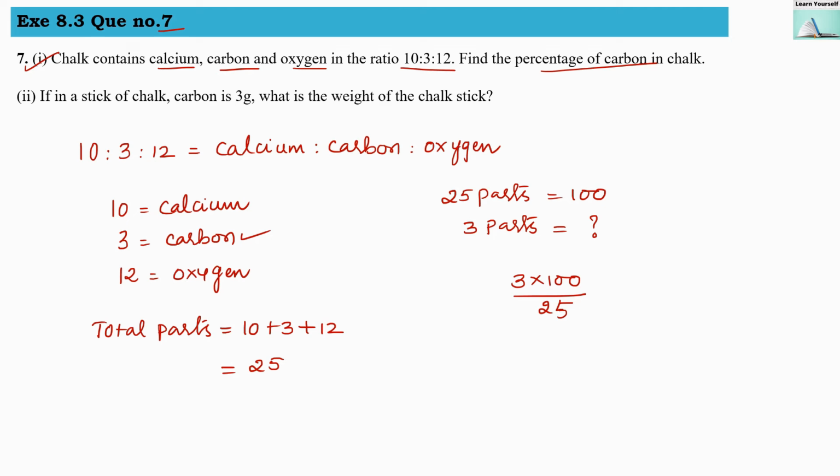So 25 4s are 100, and we get 3 into 4, 12%. So in a chalk stick, 12% carbon will be there. Similarly, we can find the percentage for calcium and oxygen, where we have written 3 parts. There we can write their respective parts and find the percentage for calcium and oxygen.